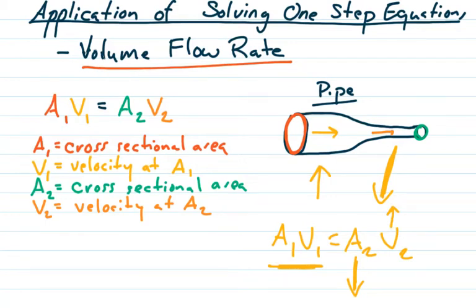Okay? And this is apparent if you think of a garden hose. If you just turn on the water and use your garden hose, that's like the equivalent of this cross-sectional area here, A1 times V1, right?